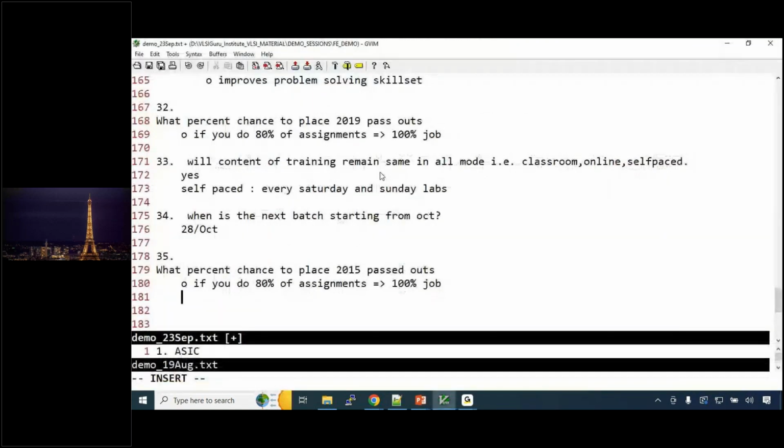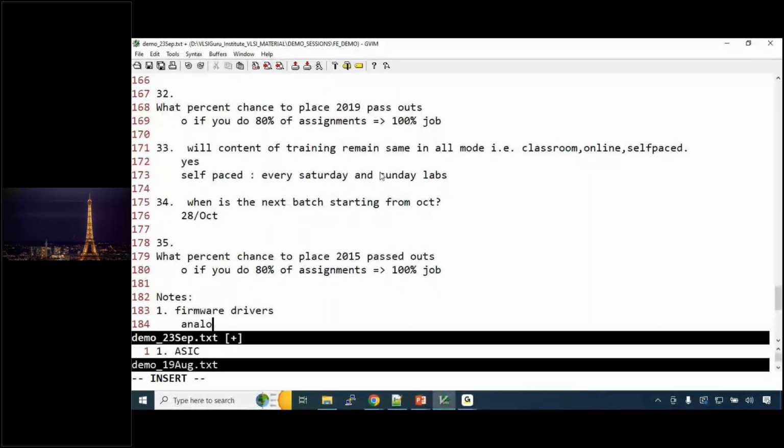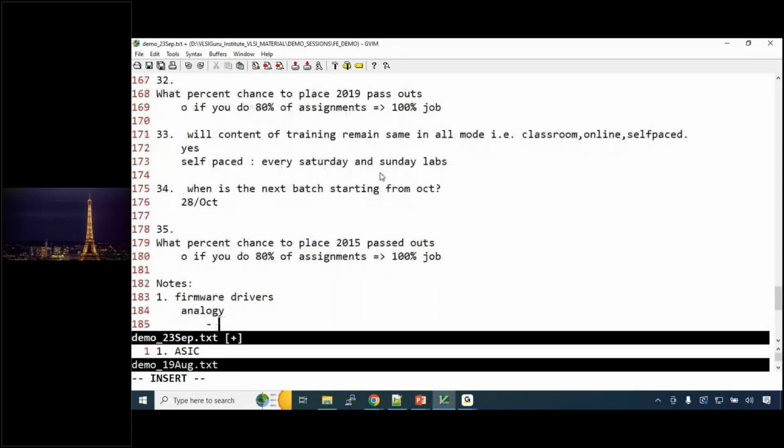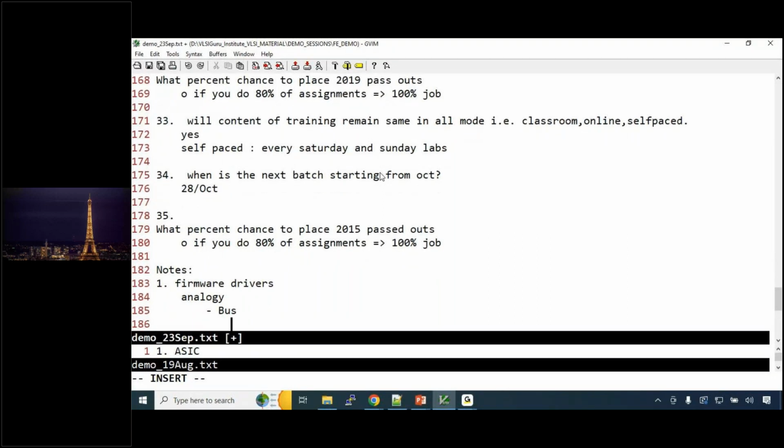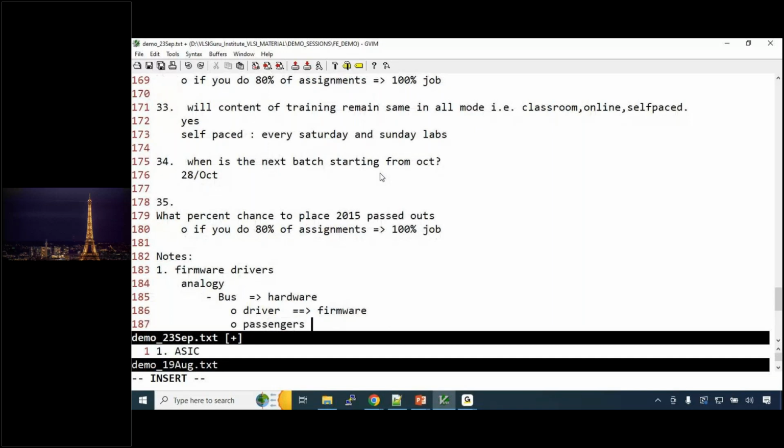Bus is an example, the vehicle we are talking about. Bus has a driver, right? So the bus is like the hardware. The driver is like the firmware. The passengers are like the applications.